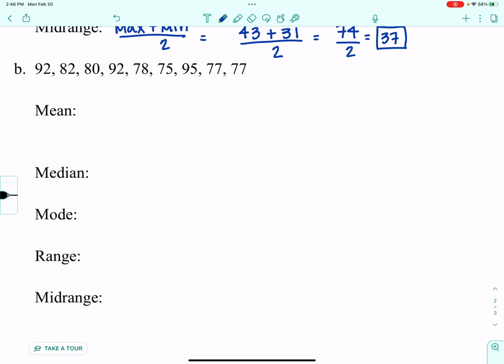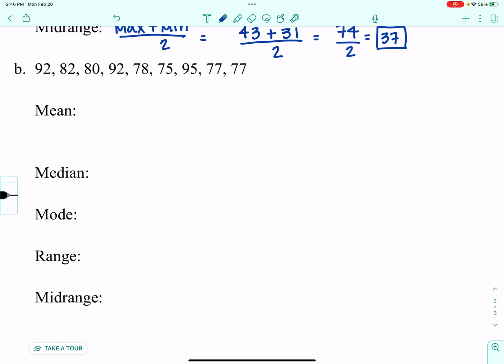So we add up all the things. 2, 3, 4, 5, 6, 7, 8, 9. And we divide by the number of things. This is definitely a calculator moment.